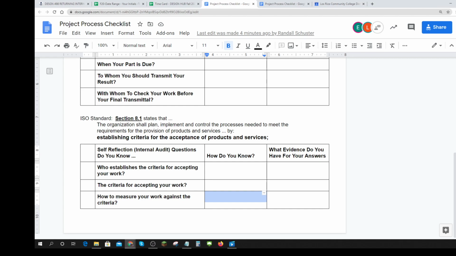A real good way to measure work is to have a regular, they call it coordination meeting. So as an example, in architecture, every week the electrician meets with the plumber, meets with the HVAC person, meets with the phone and data person, meets with the energy person, meets with the interior designer.